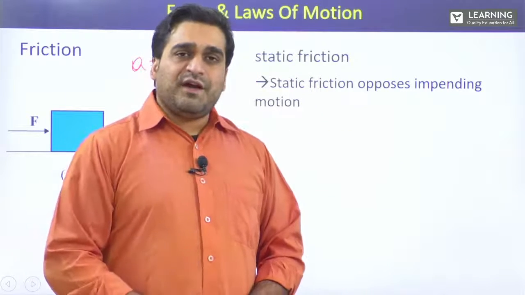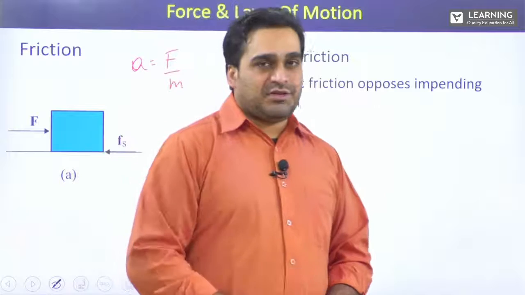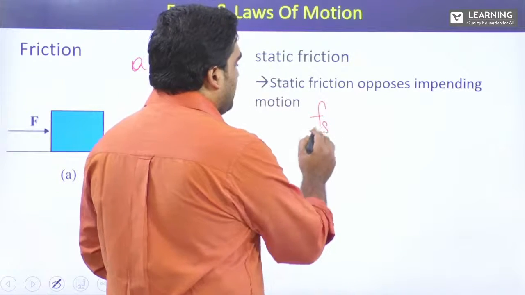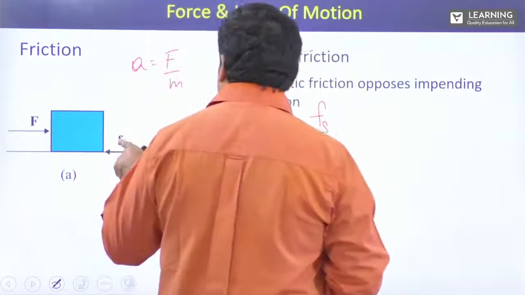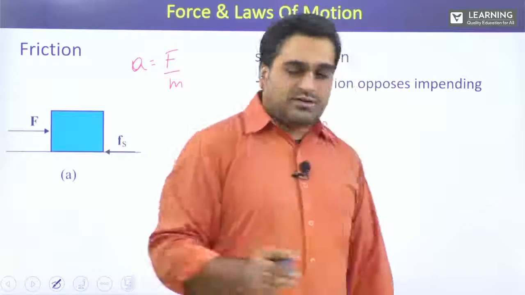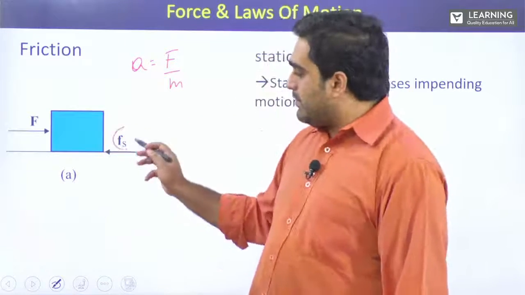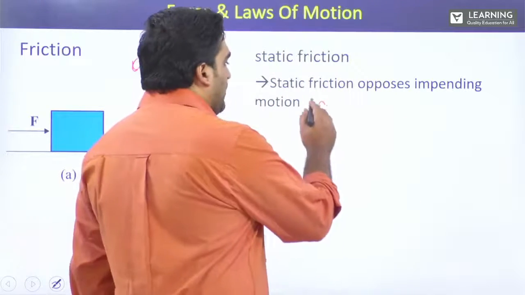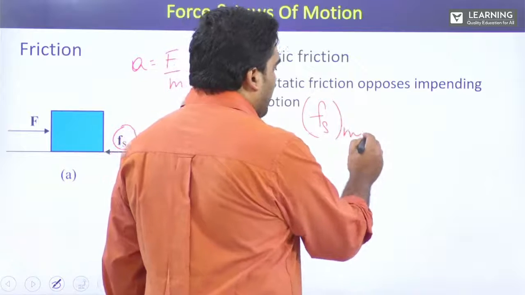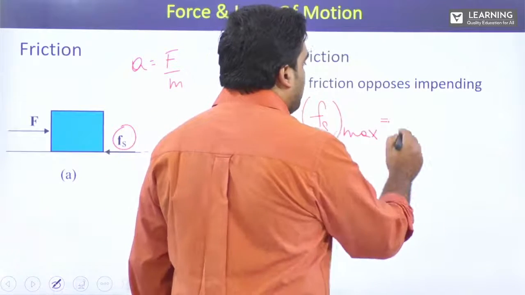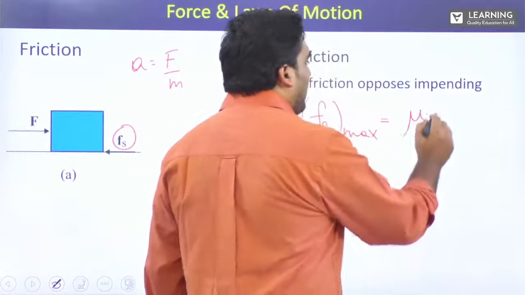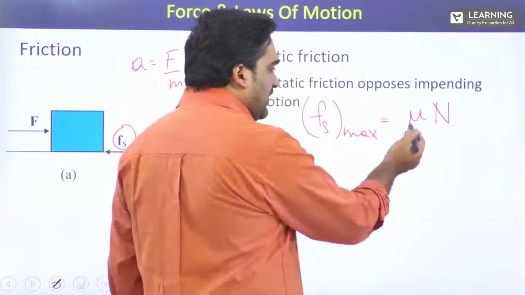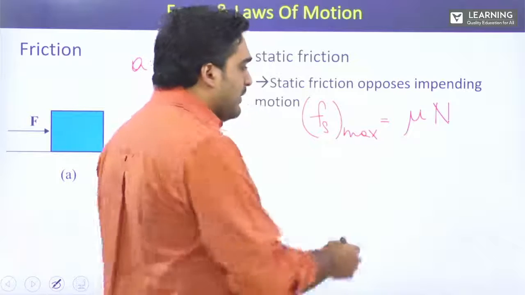Now let us define it using an expression. Static friction is usually denoted by F suffix S. The maximum static friction is equal to mu times N, where mu is a Greek letter called mu.